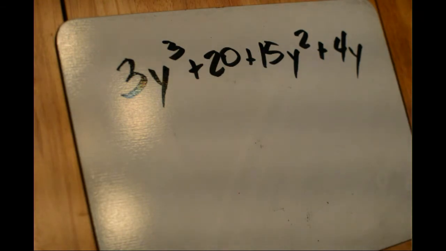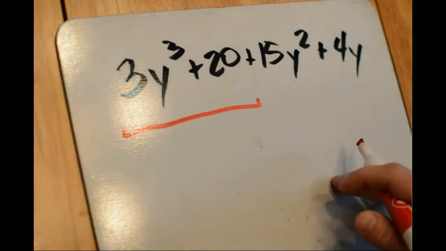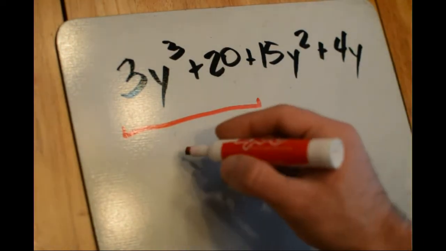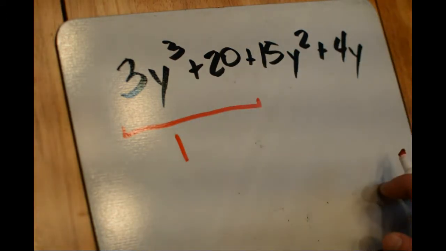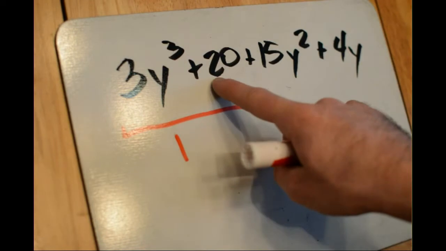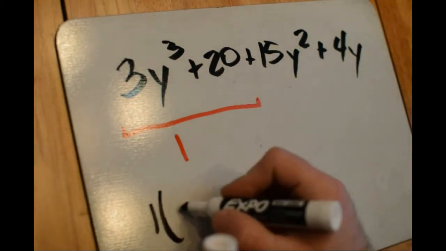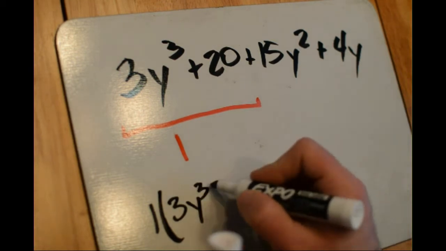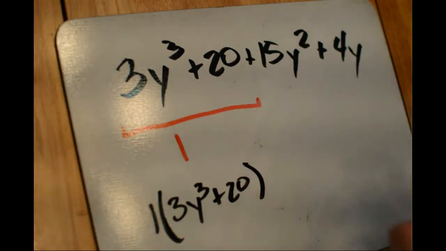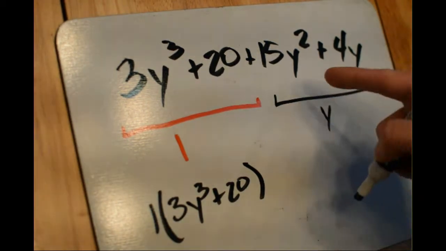Now if we first take a look at these as they are, the GCF of these first 2 terms, well, 3 and 20, those are co-prime, so only 1 goes into both of those. And that is a y, and that doesn't. So really, we can only take a 1 out of those first 2 terms. If we did that, it would give us 1 times 3y to the third plus 20. Nothing really happened.